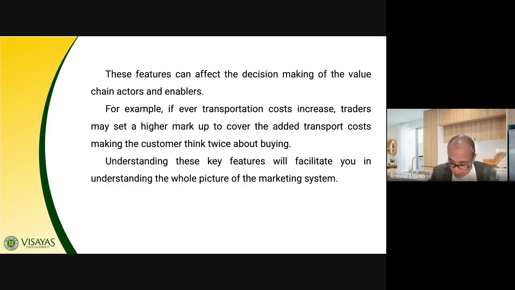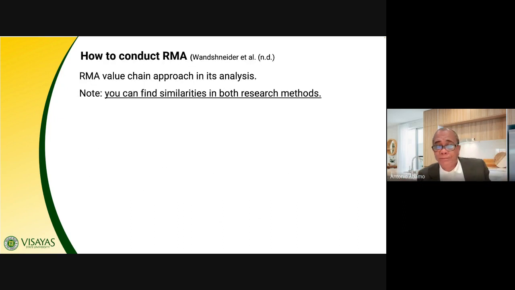That is a very quick articulation of the uniqueness of the agribusiness market. What are the core concepts of marketing that need to be properly understood in order to conduct a logical and tangible RMA?